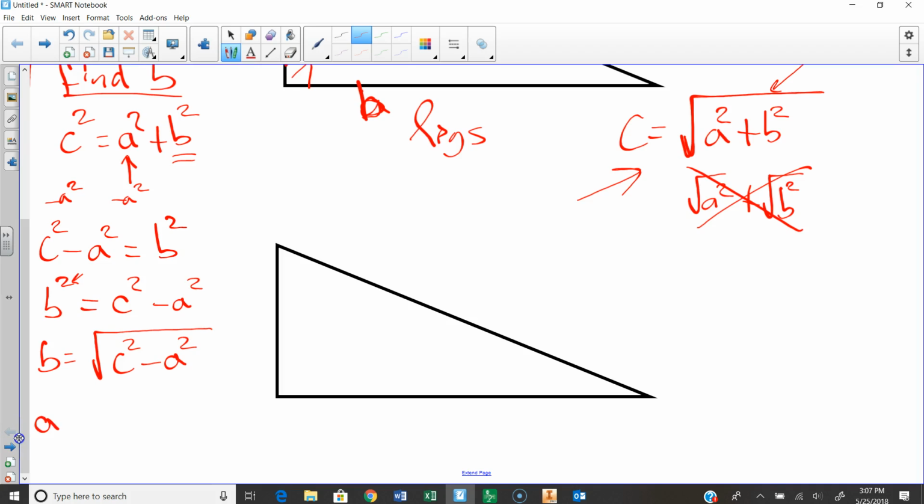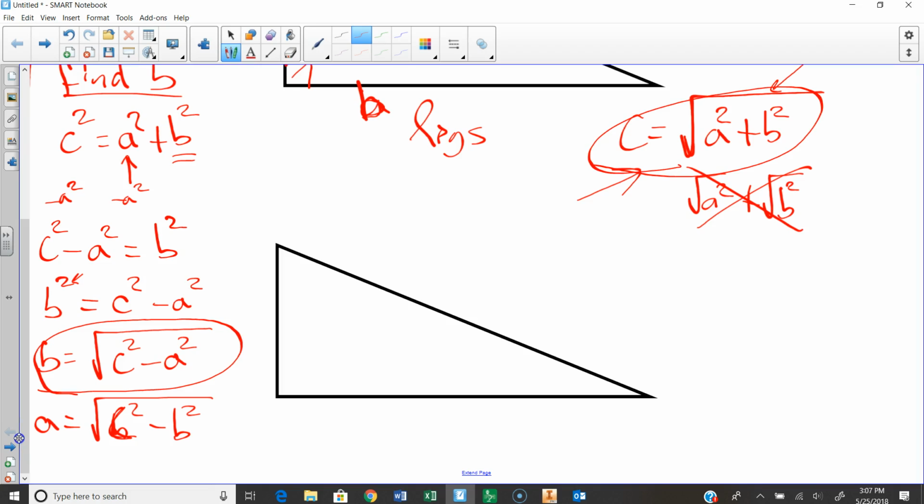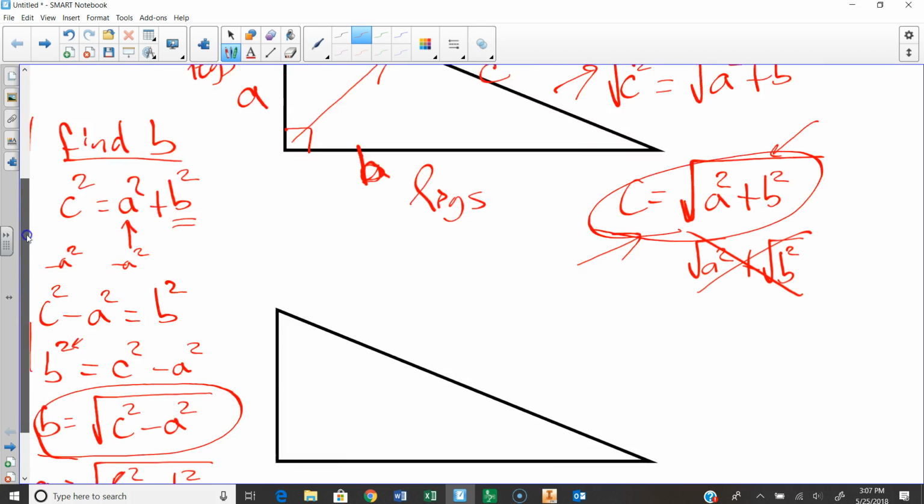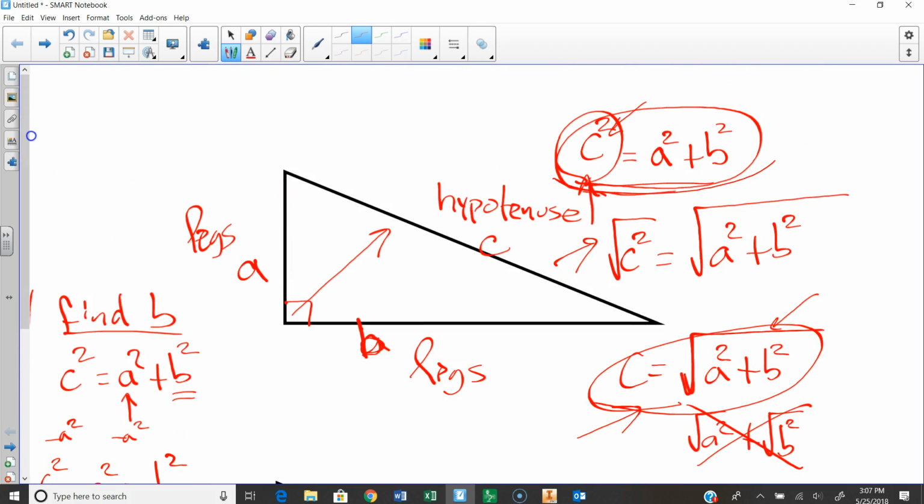So for example, if you were looking for A, it would just be, there it is. Just reverse A and B. No big deal. But this is one way to look at the Pythagorean theorem. This is another way to look at the Pythagorean theorem. Same relationship, just reworked for a different variable. And of course, the original way of looking at it.